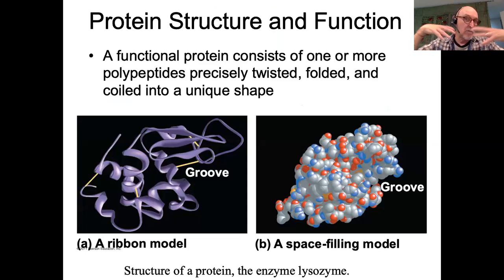So proteins, these usually very big molecules, first of all, the initial impact on their function is the sequence of amino acids. That's called the primary structure. It's just a sequence of amino acids in that polypeptide.